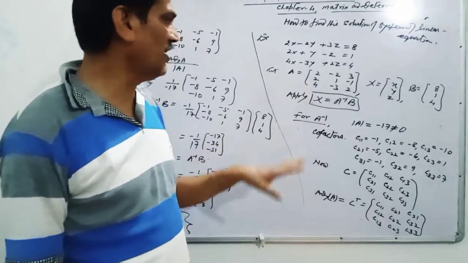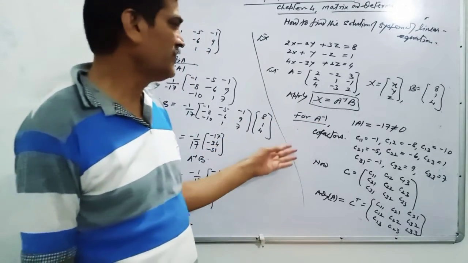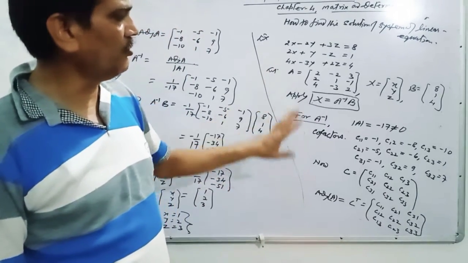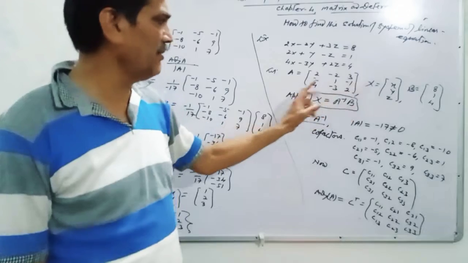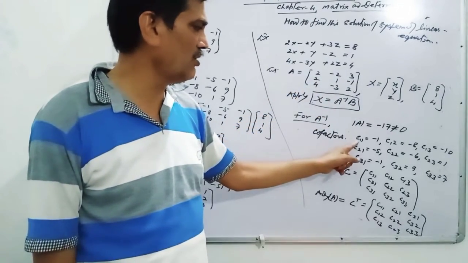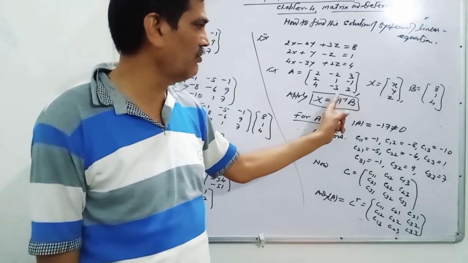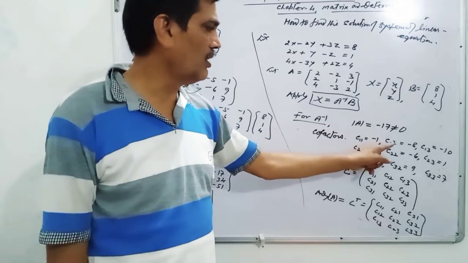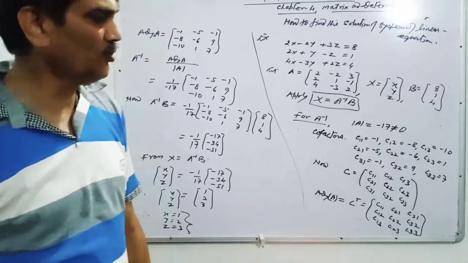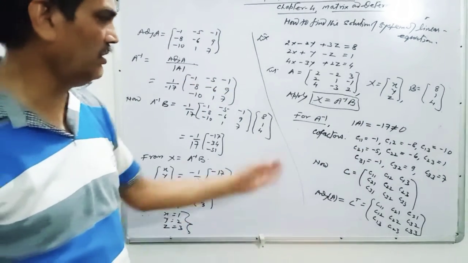The system will have a unique solution. So for A inverse, first you will find the cofactors of these elements. From matrix A, the cofactor C11 is -1, and similarly find the cofactors of the other elements.